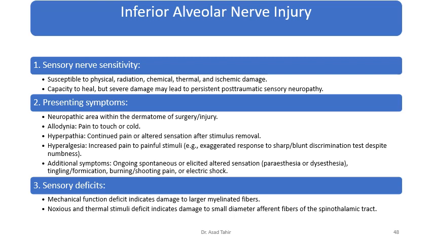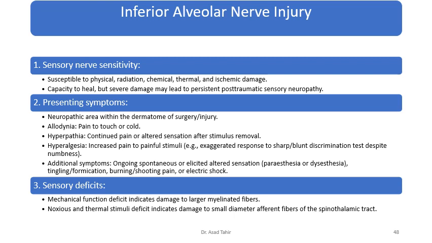Inferior alveolar nerve injury: sensory nerve sensitivity, susceptible to physical, radiation, chemical, thermal, and ischemic damage. Capacity to heal, but severe damage may lead to persistent post-traumatic sensory neuropathy.